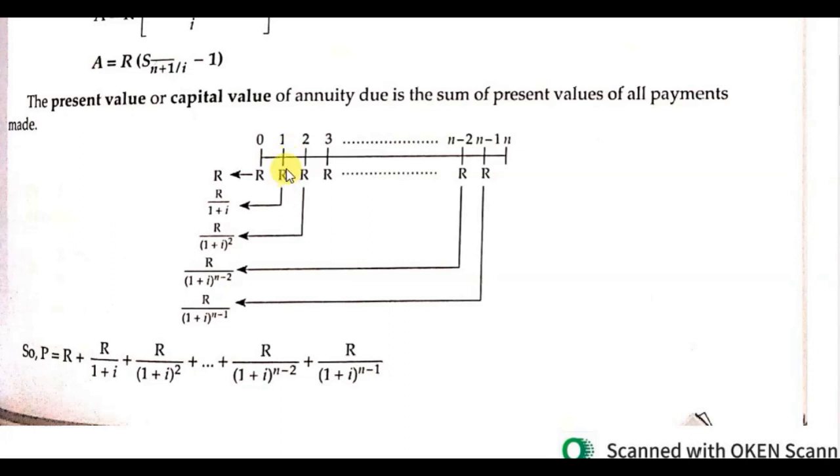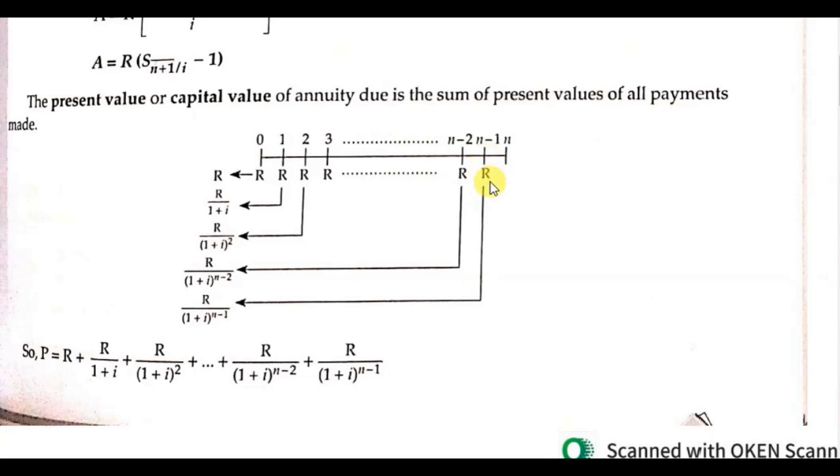For the first payment, the amount you will earn is R into 1 plus I. So for present value it will be R by 1 plus I, its reciprocal. In the same manner, the present value for the second term will be R by 1 plus I whole square, and so on.